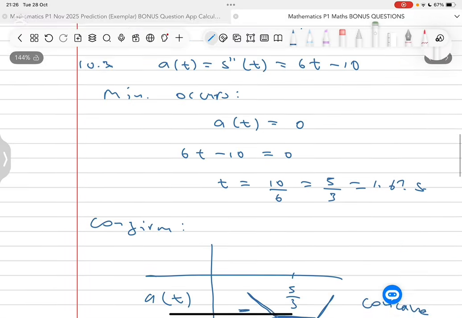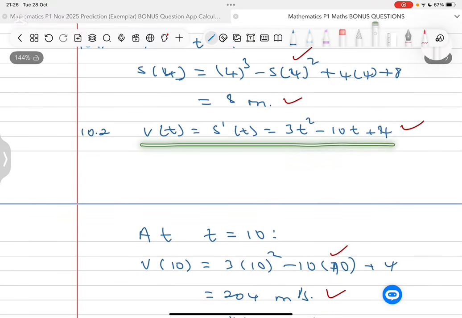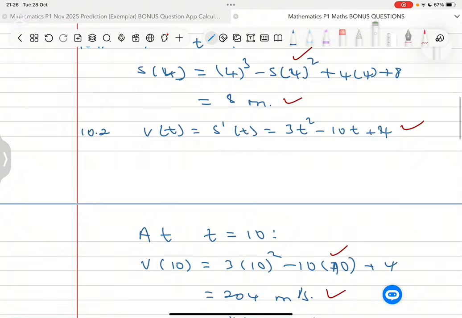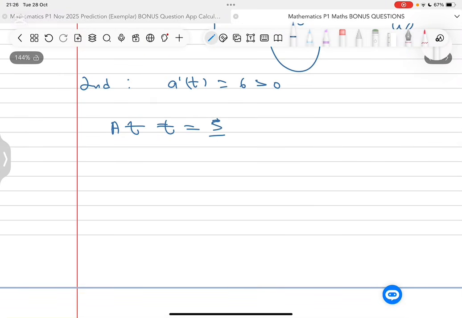I'm going to put this into my formula for the velocity, the one that we took the derivative of. So at t equals 5/3, we have the velocity from the formula, v of 5/3.